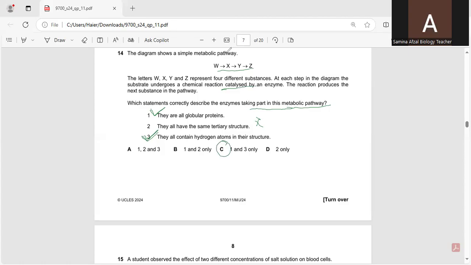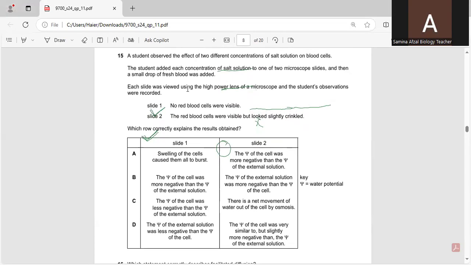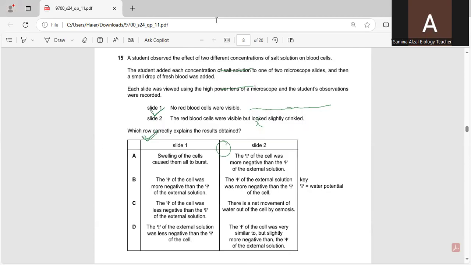Now we will move towards the next question, question number 15. A student observed the effect of different concentrations of salt solution on blood cells. The student added each concentration of salt solution to one of two microscope slides, and then a small drop of fresh blood was added.